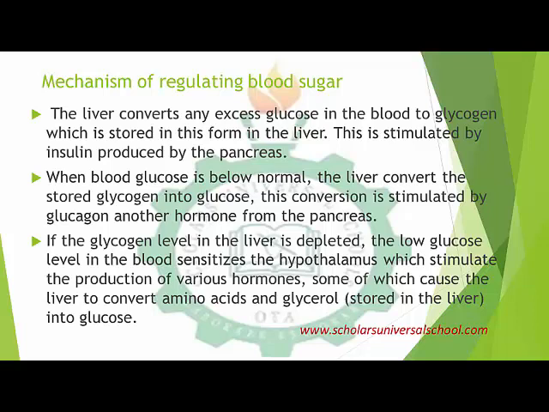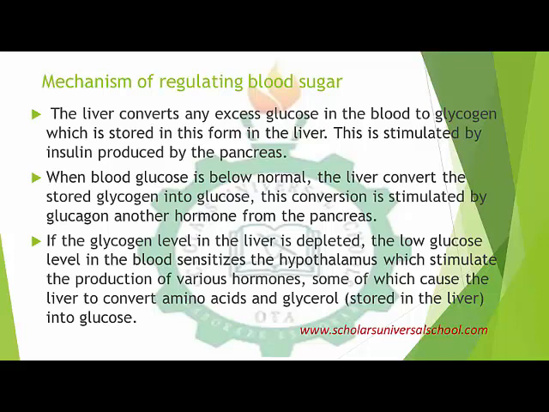So if the glycogen level in the liver is depleted, then the low glucose level in the blood sensitizes the hypothalamus. I'm mentioning the hypothalamus again, which I said is a part of the brain. So the hypothalamus stimulates the production of various hormones, some of which cause the liver to convert amino acids and glycerol stored in the liver into glucose.